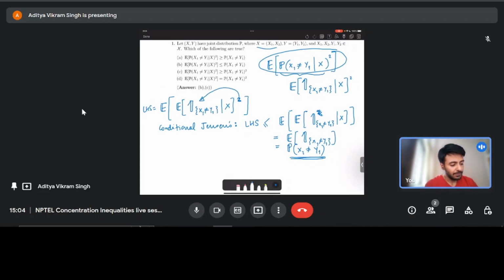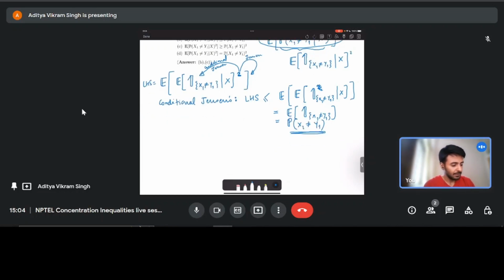Now there is another way of applying Jensen's inequality, which is to take the square outside this expectation. This one was conditional Jensen, and this is the usual Jensen. There is no conditioning in the outer expectation. So let's see what Jensen's gives us on the outer expectation.